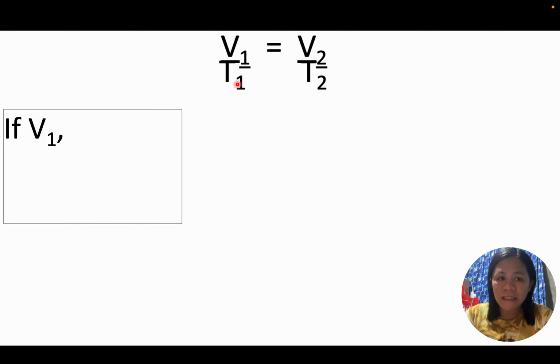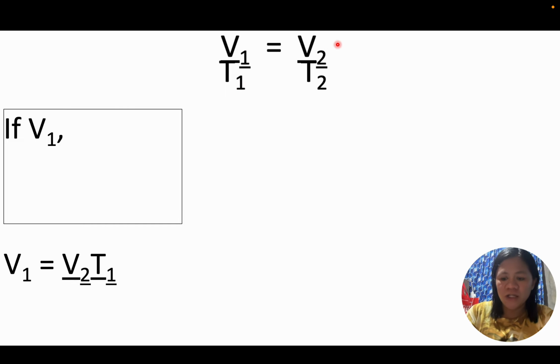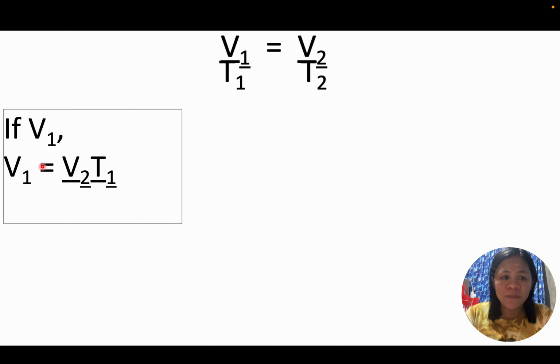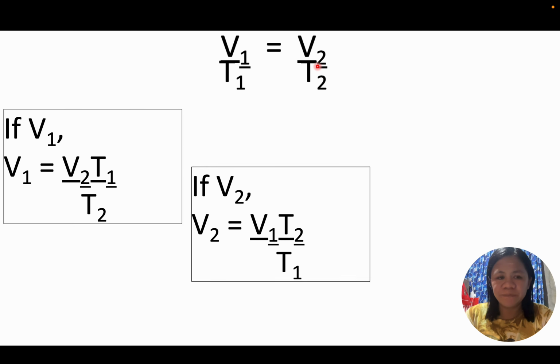This T1 right here will transfer to the other side, and since this is a denominator, it will be transferred to the other side as a numerator, just like this one. So as you notice, V1 is equal to V2, and yung T1 na nandito, gi-transfer natin sa taas, sa katabi ng V2. And of course, remain lang yung T2 na nasa baba.